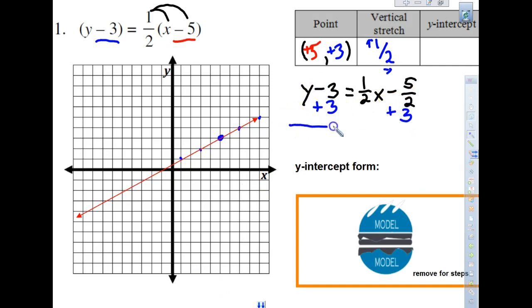So we have y equals. Our goal is to have y equals, right? So here we got y equals 1/2 x and -5/2 plus 3 is going to equal.